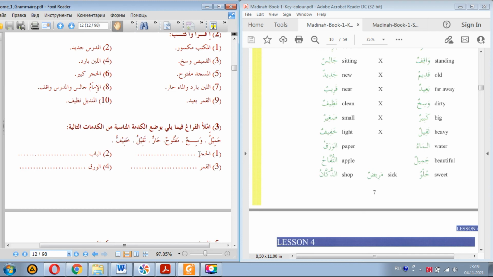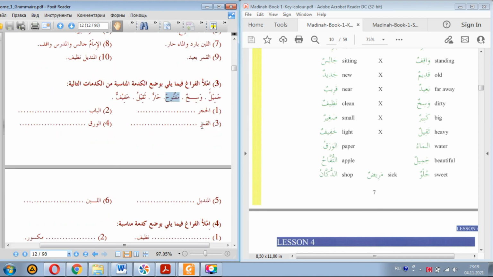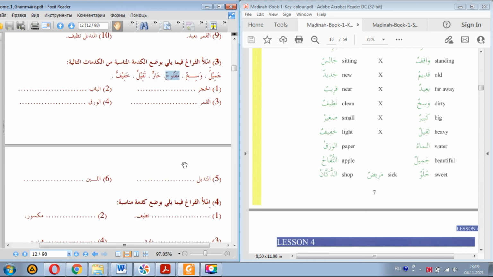Well, we can say al-hajaru thaqilun, al-babu maftuhun, because it's open, and so on and so forth. So to do this exercise, you need to know the meaning of these words and put them in the right places. It's not hard. You can learn the meaning of these words from this page. Inshallah, it will be easy for you.